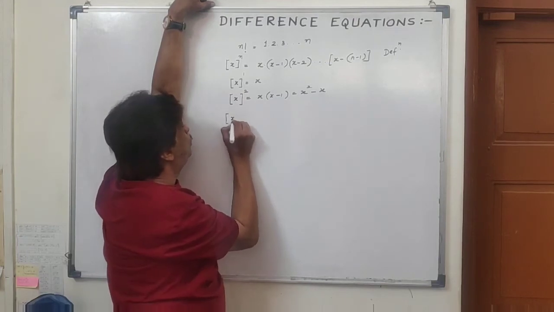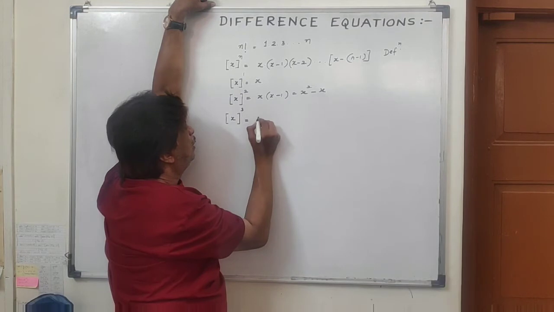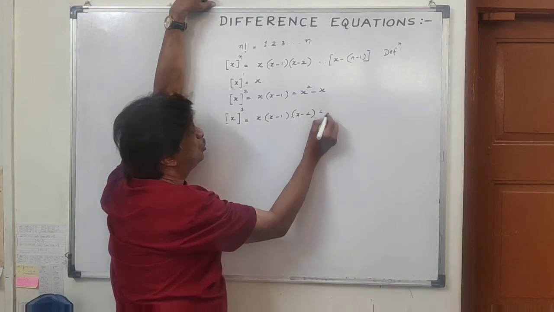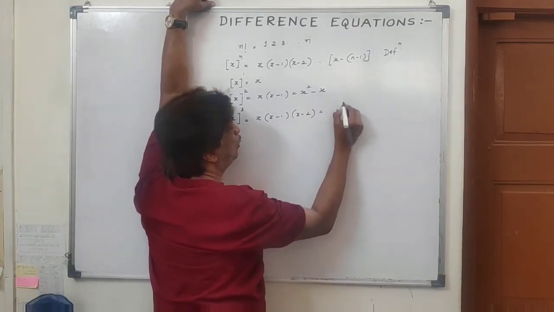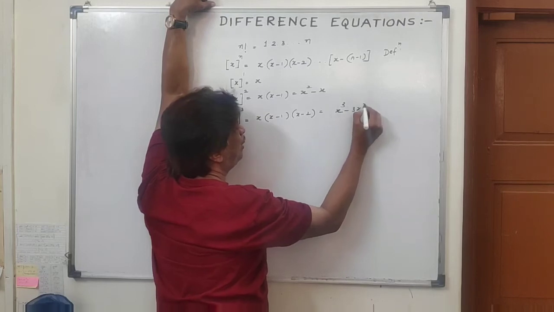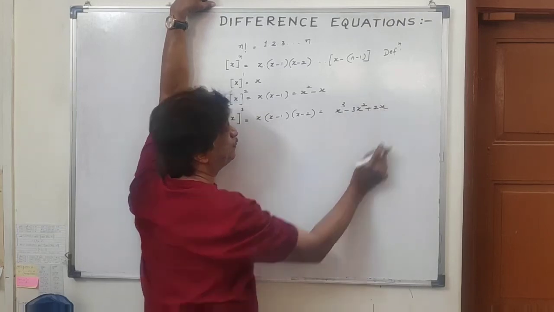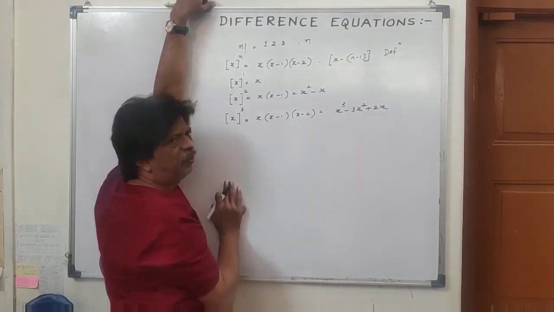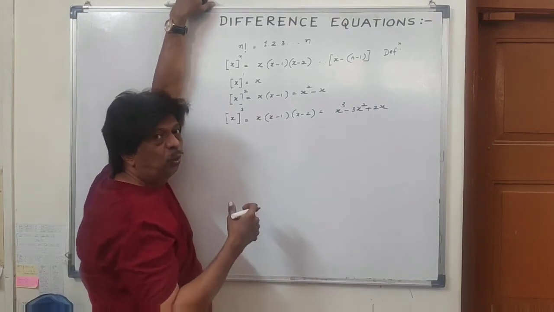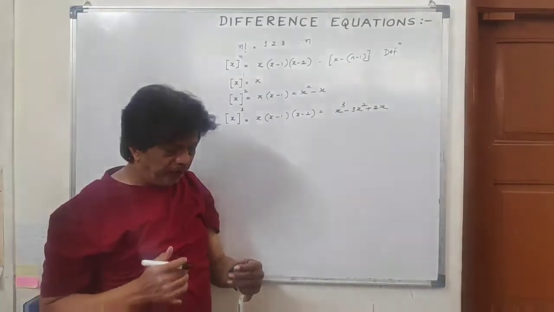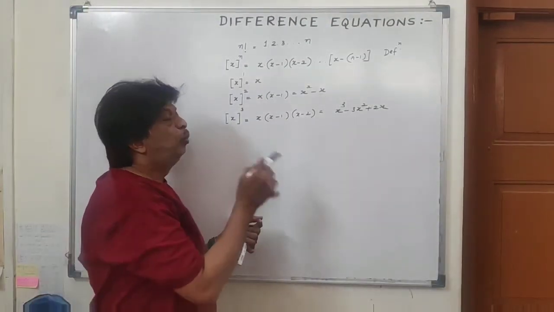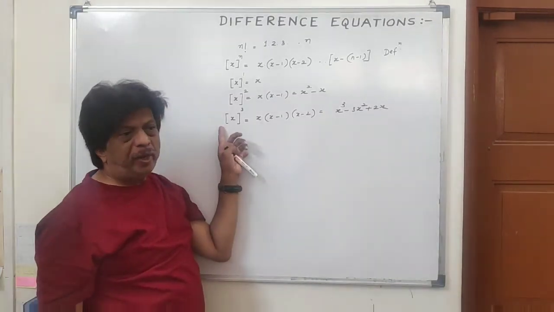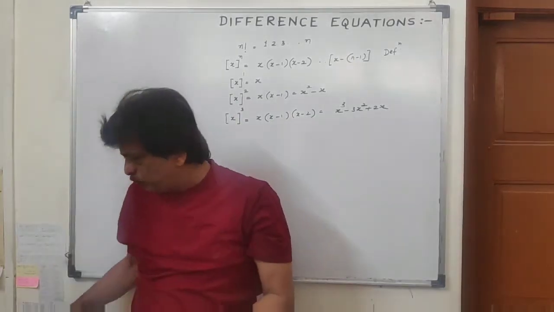Factorial of x cube has 3 factors: x into x minus 1 into x minus 2, which would be equal to x cube minus 3x square plus 2x. So for this ordinary polynomial, this is the factorial polynomial. That is how we define the factorial polynomial. But now, how do we determine the factorial polynomial from the ordinary polynomial? That we shall see now.